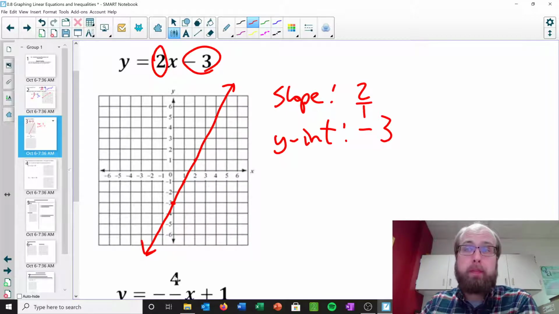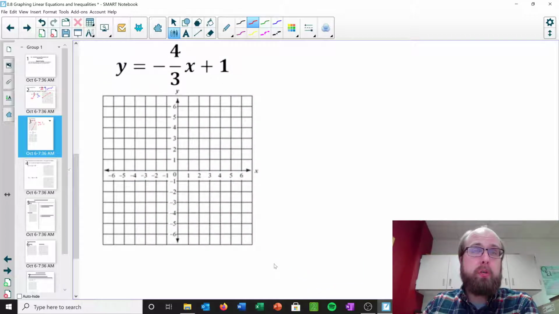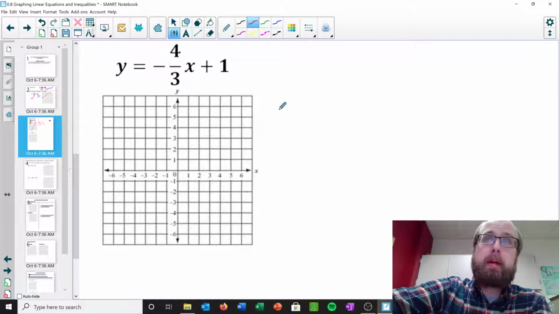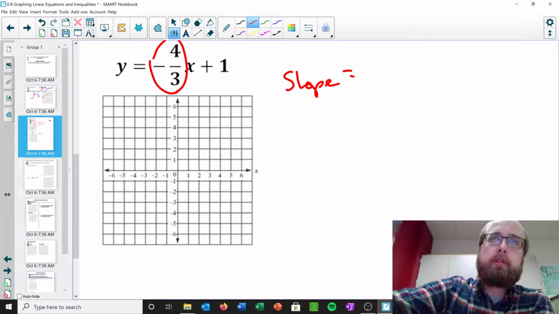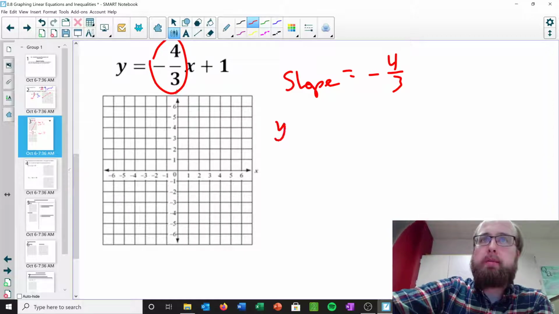Then let's look at one more. We talked about this in the last lesson, but I want to talk about it again. This is all about having a negative slope. On this one, our slope is negative 4/3, just the number next to the x. Our y-intercept is a positive 1.